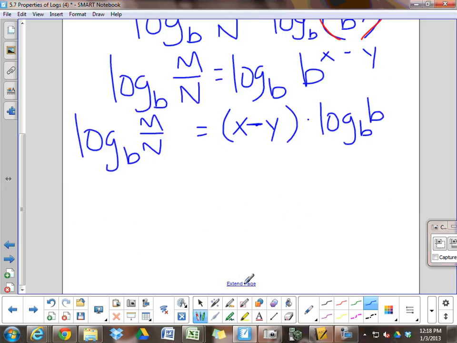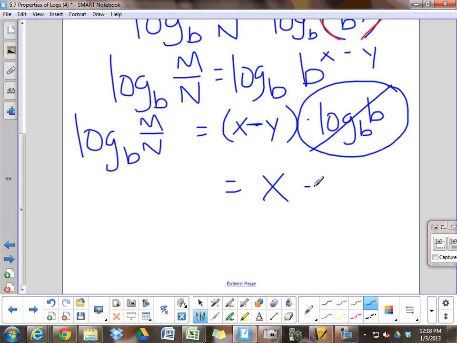We know from earlier in this chapter, if you have the log of anything base itself, that's equal to 1. So it basically cancels out, and we have x minus y equaling the log of m over n base b.